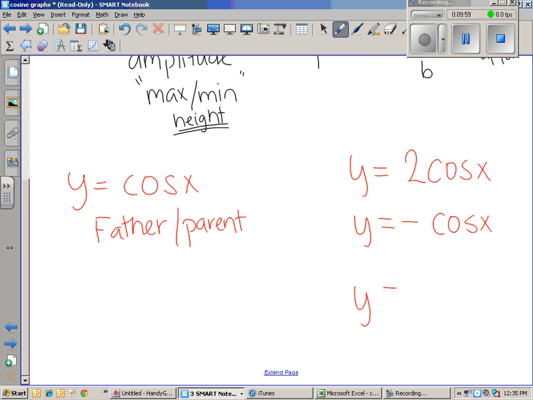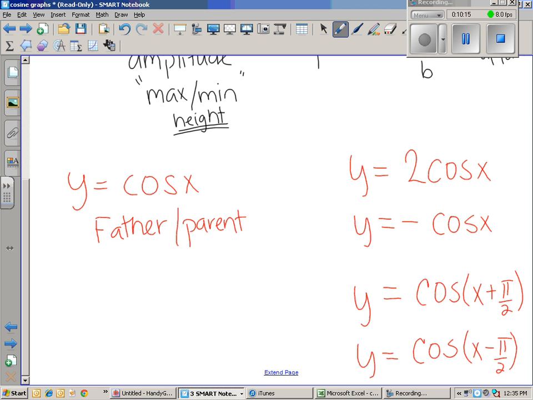Compare it to y equals the cosine of x plus pi over 2, which is a good number, and y equals cosine of x minus pi over 2. Okay, and see what happens. So we're only changing one thing in every one of these graphs, and we just want to look at the pattern. So take some time, play with your calculators, and then come back, because I want to show you one more thing.